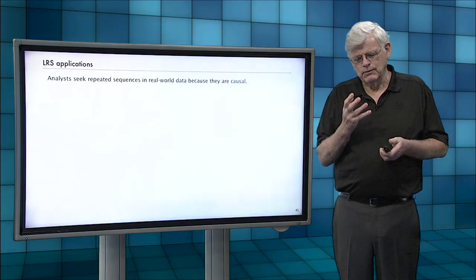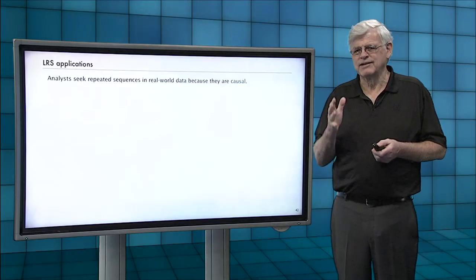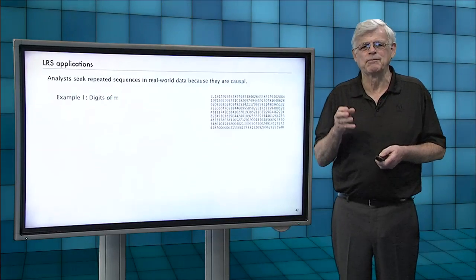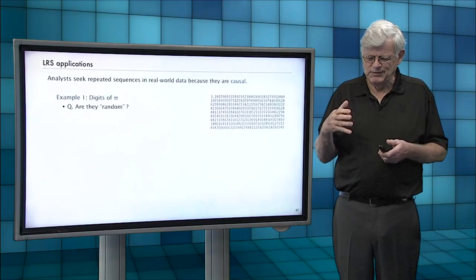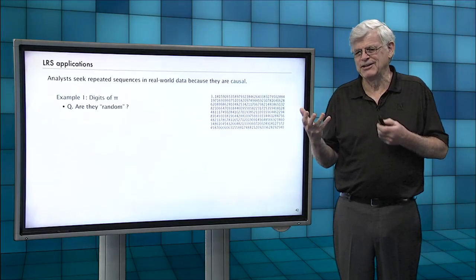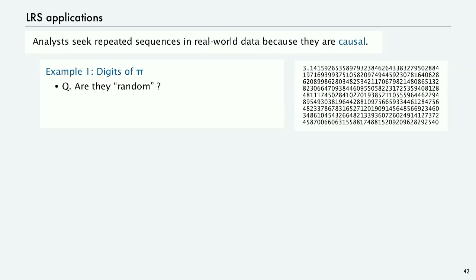But really, the reason that people look for repeated sequences in the real world is that it has something to do with causality. It means there's maybe something there. So, for example, is there a difference between the digits of pi and random digits? That's a kind of interesting philosophical question. We know it's not rational, it's transcendental, but is that the same as random?